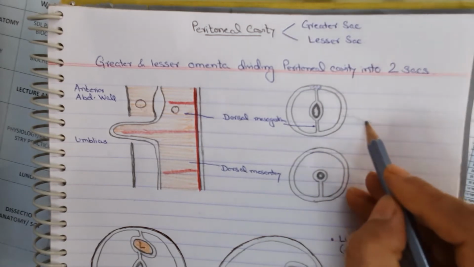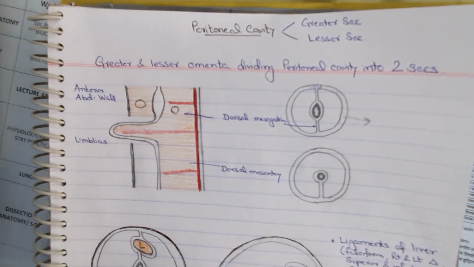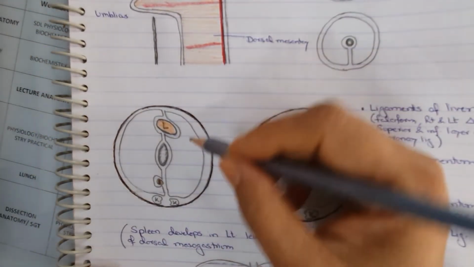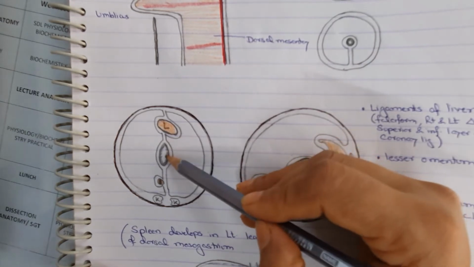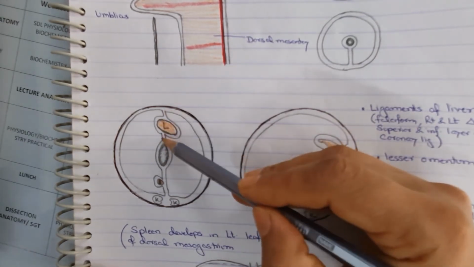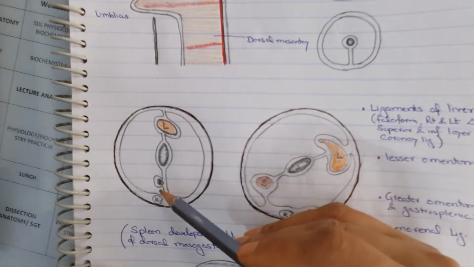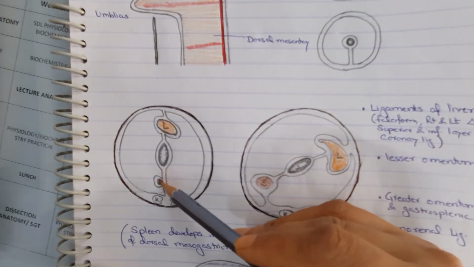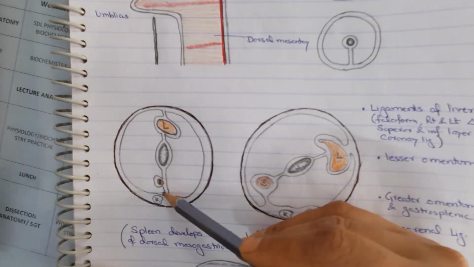Now let us see what happens in the next step. Here I have drawn the stomach, the developing liver in the ventral mesogastrium, and the developing spleen in the left leaf of the dorsal mesogastrium.